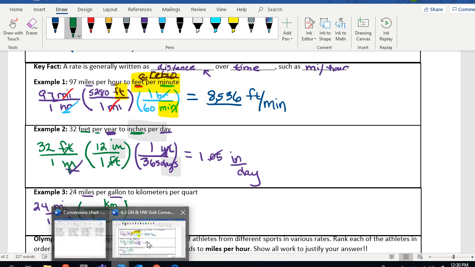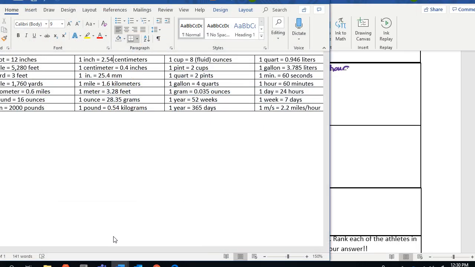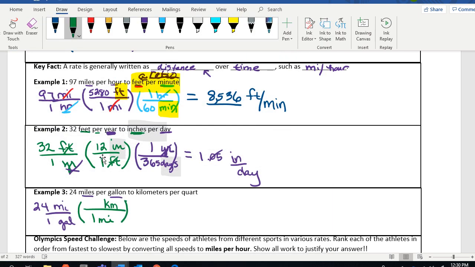I don't remember. 1 mile, I need to go to kilometers. 1 mile is 1.6 kilometers. 1 mile equals 1.6 km. All right. And now that gives me kilometers. That actually takes care of the kilometers because the miles cancel.